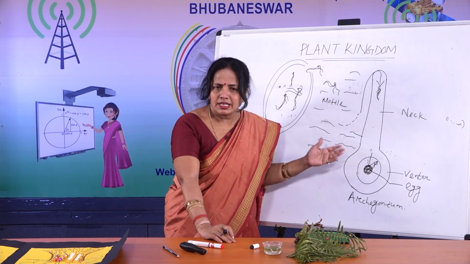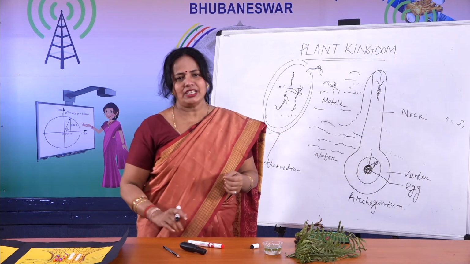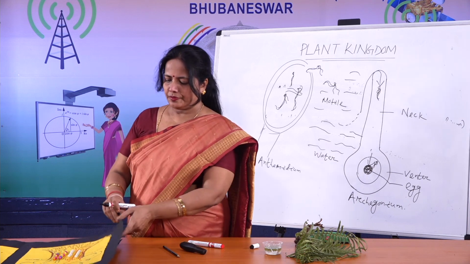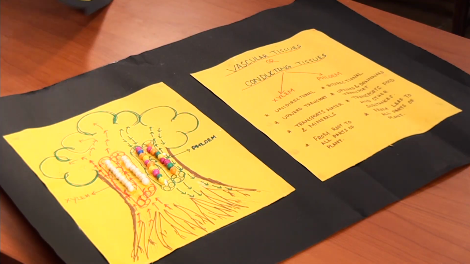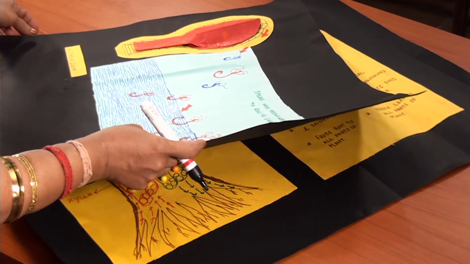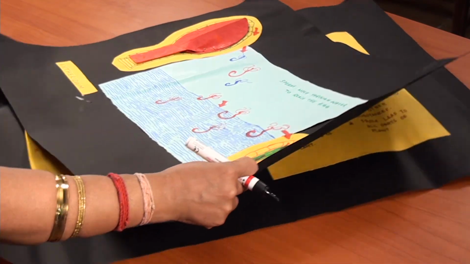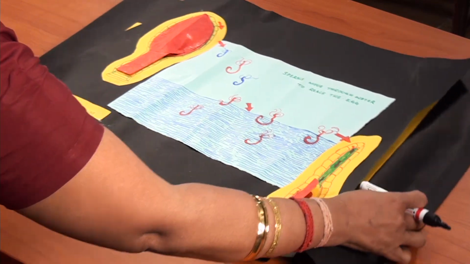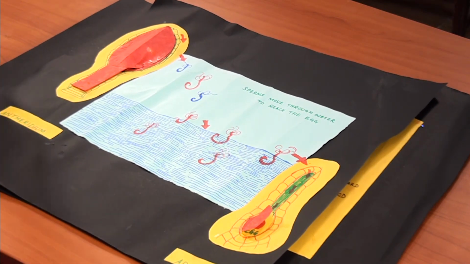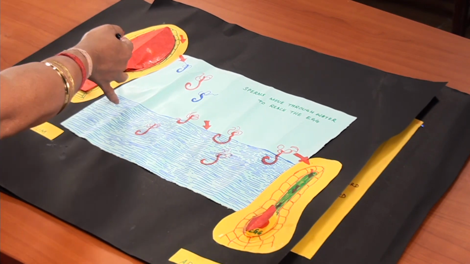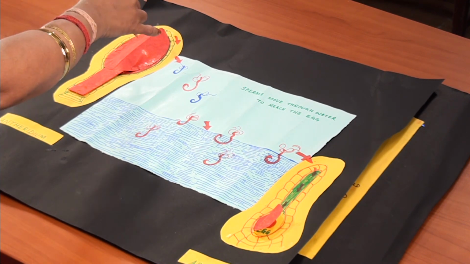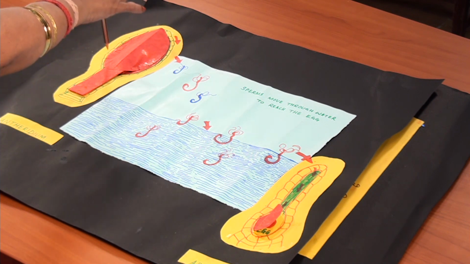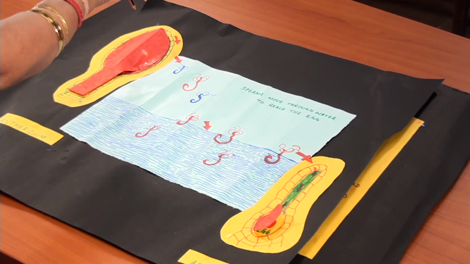So, for your better understanding, I have brought a teaching aid. Let's see that one. Here you see, this is the antheridium. I have drawn the diagram. Inside this area are the male gametes.